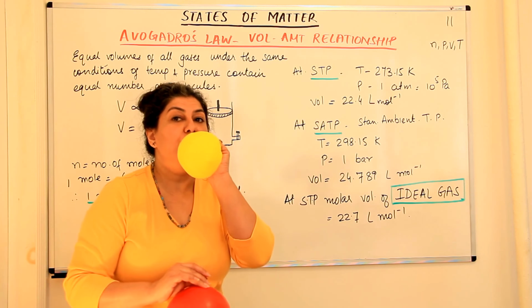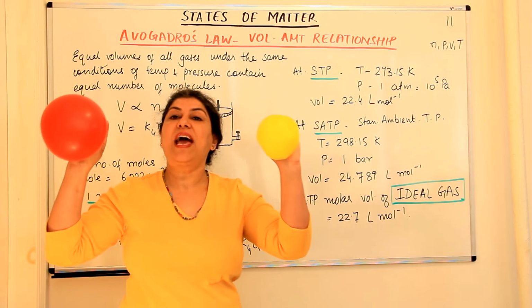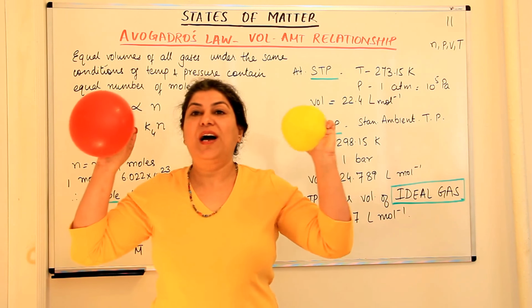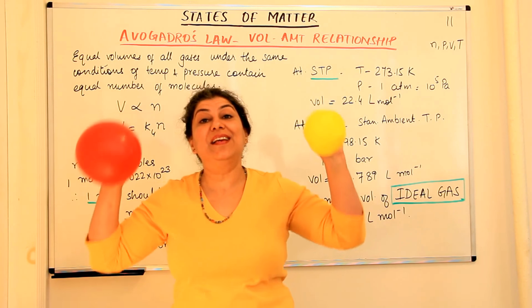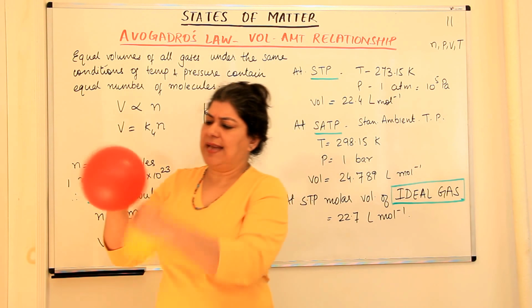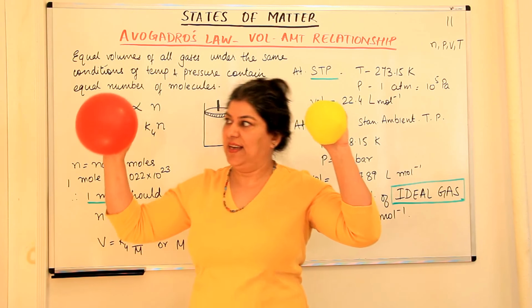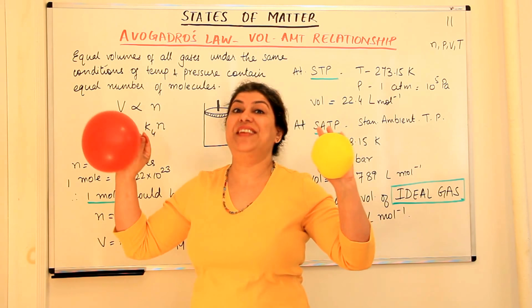As I add more molecules, the balloon expands. If I add still more molecules, what happens? If I blow still more, I find that the balloon expands still further. It expands even more. So we can see that as the number of moles or number of molecules is increasing, the volume is increasing.